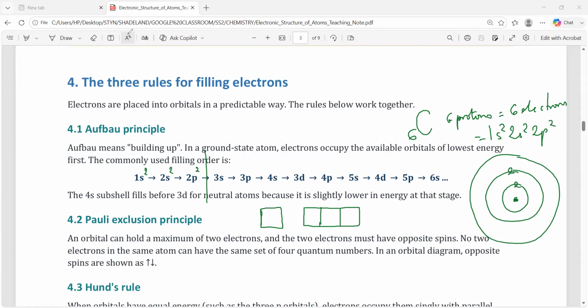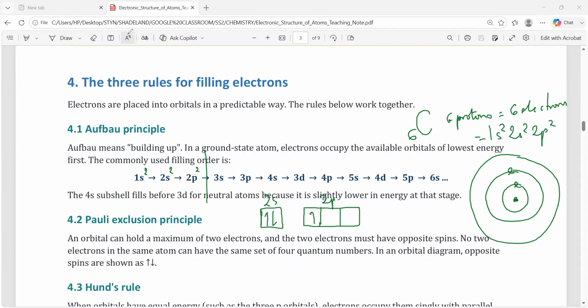Stay with me. I need you to understand this. On that second shell, if this is 2s and this is 2p, and you have 2 electrons here and an electron here, the electron in 2p and the electron in 2s are not the same. They don't have the same energy.